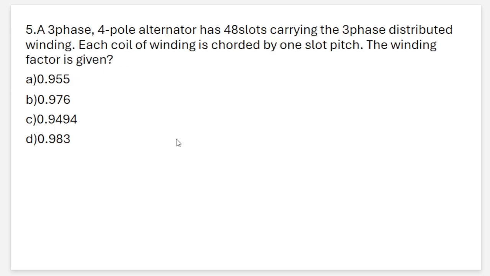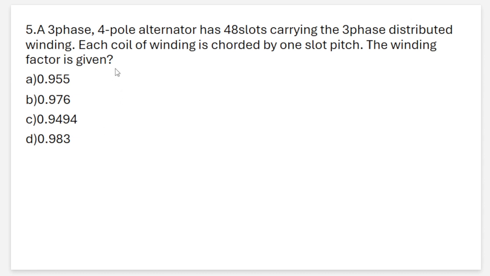Next question. A 3-phase 4-pole alternator has 48 stator slots carrying the 3-phase distributed winding. Each coil of the winding is chorded by one slot pitch. The winding factor is given by: option A 0.955, option B 0.976, option C 0.9494, option D 0.983.